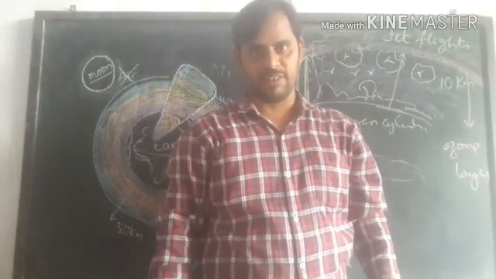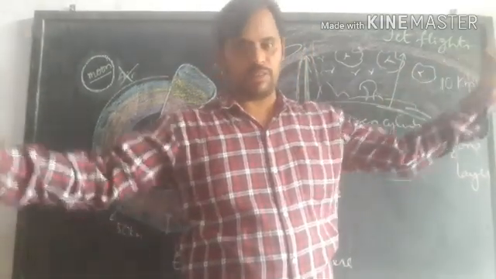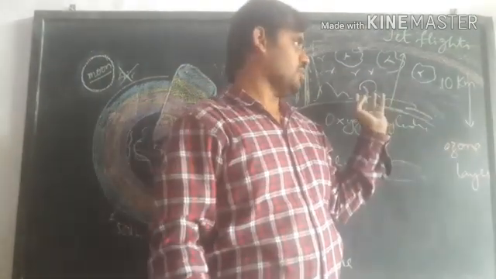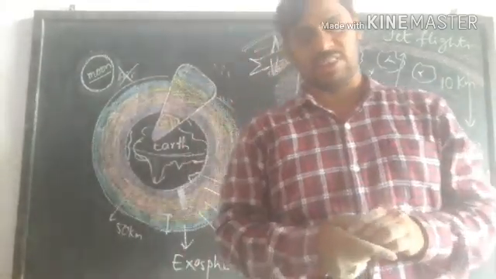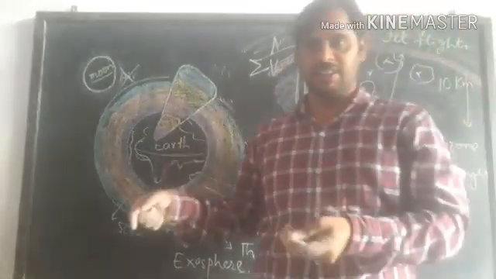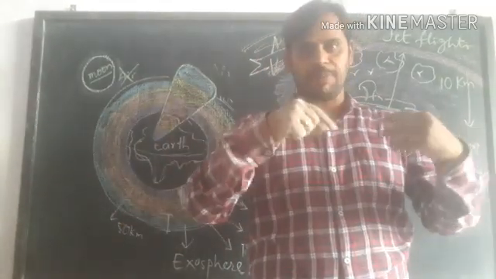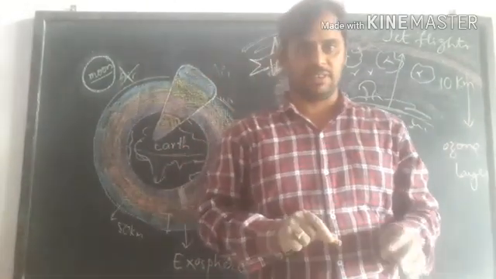Otherwise the air escapes from the aeroplane, or outer air rushes into the plane and causes destruction. So before flying, they close the doors and windows. The pilot's cabin is called the cockpit. In the cockpit, and for the passengers too, oxygen cylinders are already arranged in the flights, right?